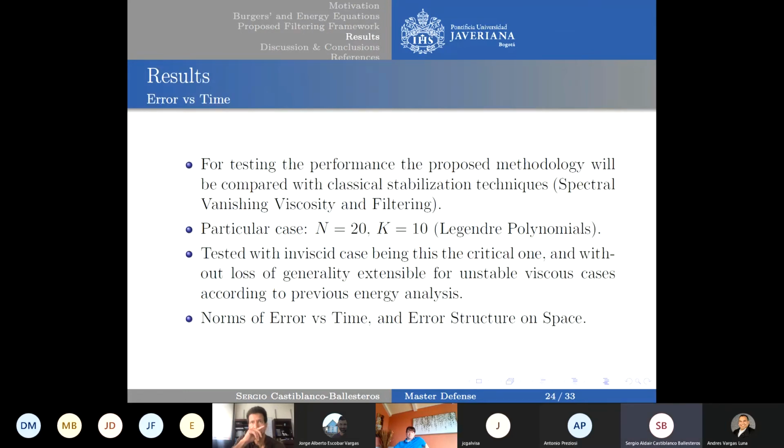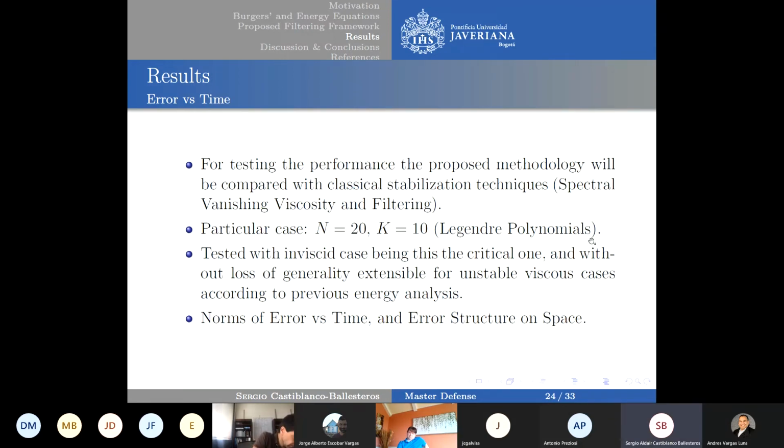So the results will be presented by a comparison with classical methodologies, specifically spectral vanishing viscosity, SVV, and classical filtering techniques. The particular case to evaluate the performance will be polynomial order equals 20 and number of elements 10 with Legendre polynomials.